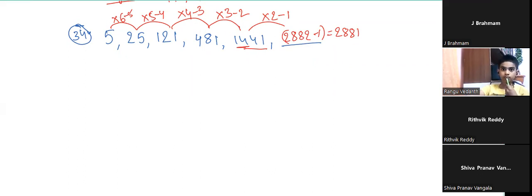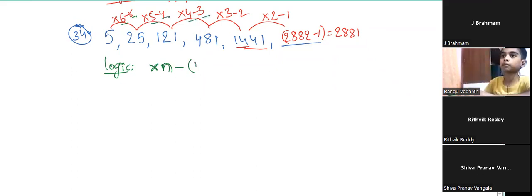So how can we write the pattern here? The logic is into n minus how much? See here: if it is 6, it is 5. If it is 5, it is 4. If it is 4, it is 3. If it is n, it will be n minus 1, the number before.